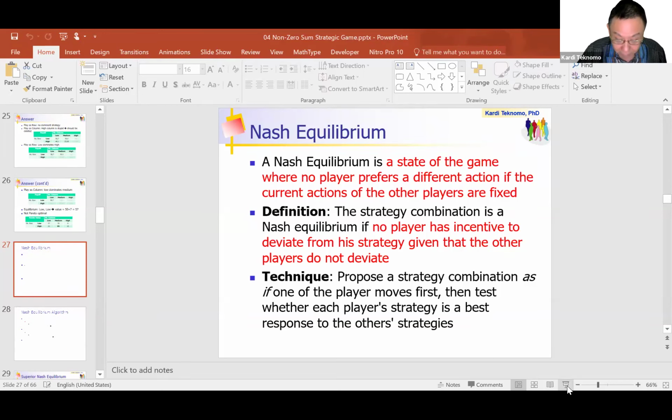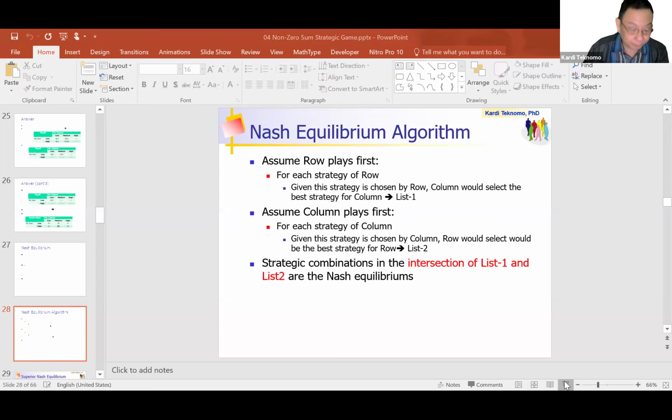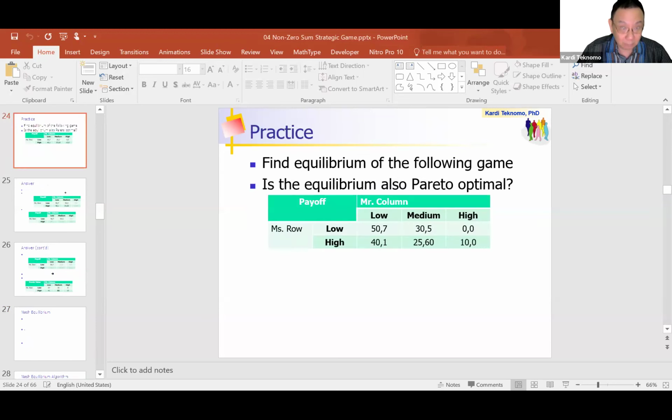The algorithm is rather simple. Assume that row will play first.